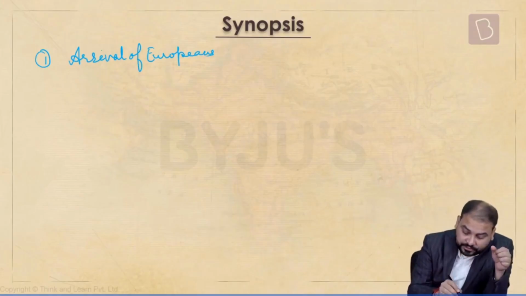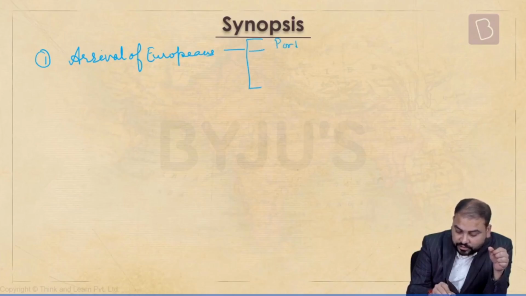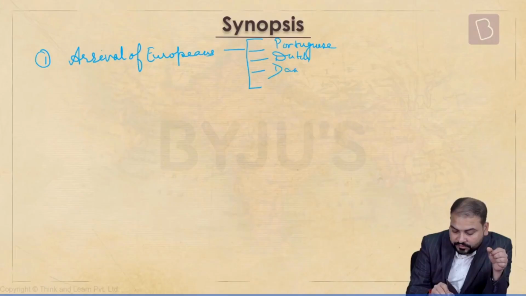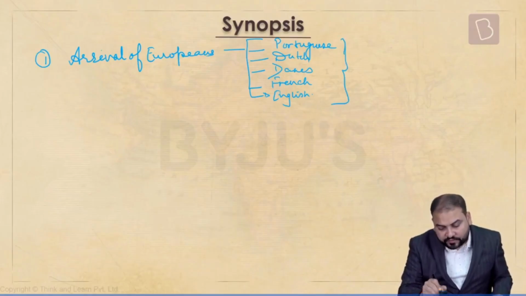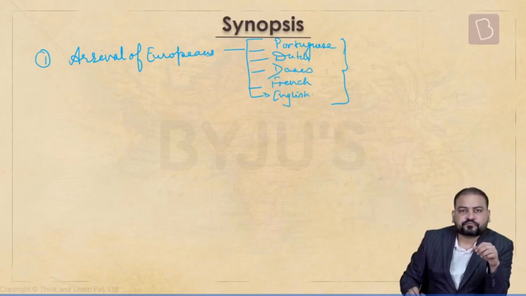So, for example, under this chapter, we'll talk about the Portuguese, Dutch, Danes, French, and of course, English. We shall be looking at all these 5 in this chapter.